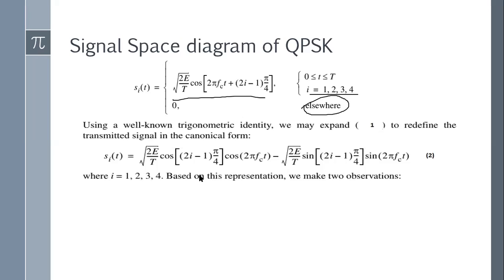So the expansion gives me cos((2I minus 1) pi by 4) into cos(2 pi fct) minus sin((2I minus 1) pi by 4) into sin(2 pi fct). I hope this portion is clear, everyone. The expansion is clear. Anyone have any doubt in this portion?